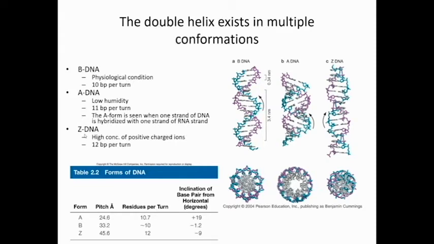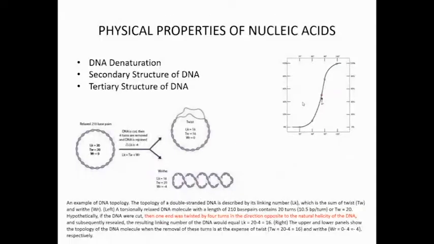And then Z-DNA is an even more dehydrated condition, because you have a very high concentration of positively charged ions, and then they pack even further, so you have 12 base pairs per turn. That's Z-DNA.